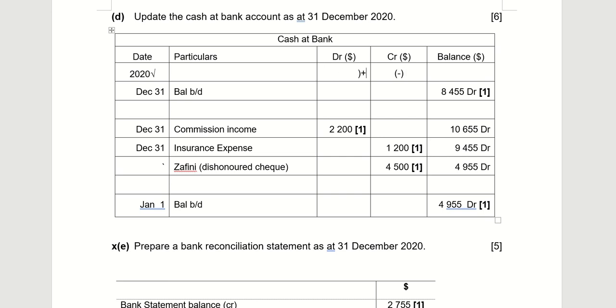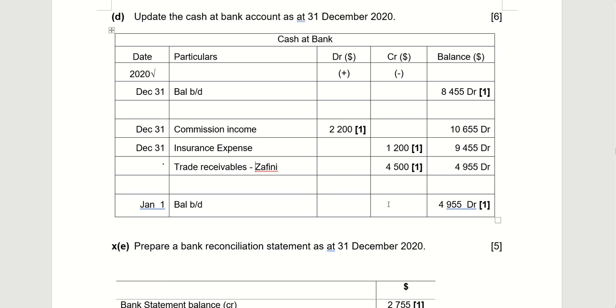She said, I will pay, gave you a check, but like scammed you. So you did not receive money from her. And you cannot just write Zafini, you should write trade receivables, Zafini. The word dishonored check is optional. The other two, commission income and commission insurance expense, are quite straightforward.